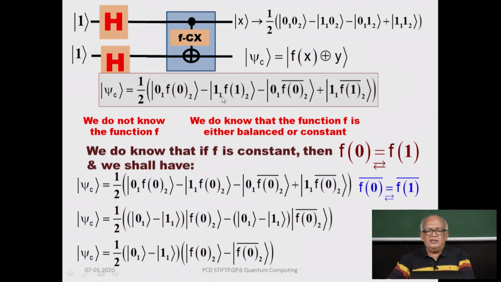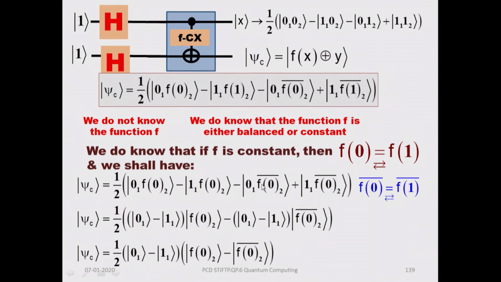So, this f1 you can write as f0. So, you have only simplified this. Okay. This f1 you simplify as f0. This is the not of f0, but f0 is equal to f1.